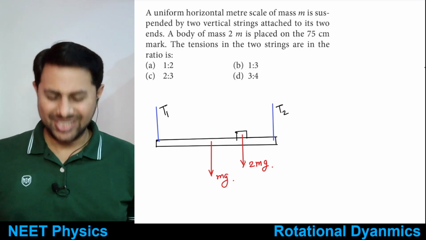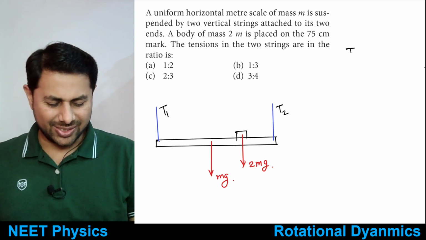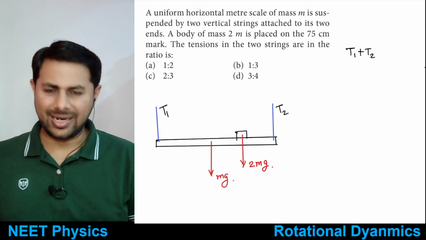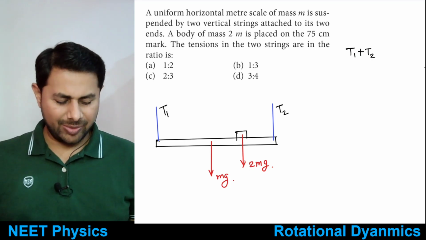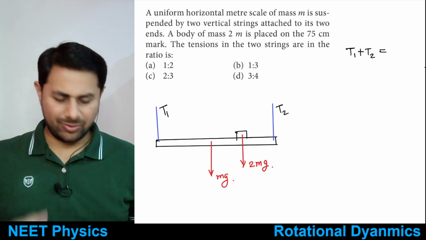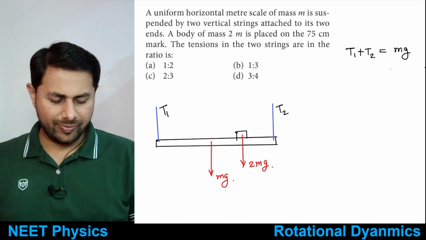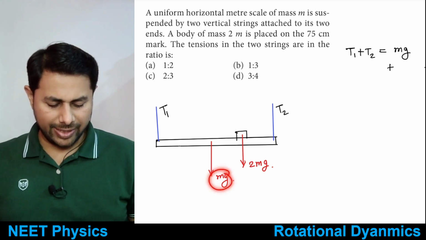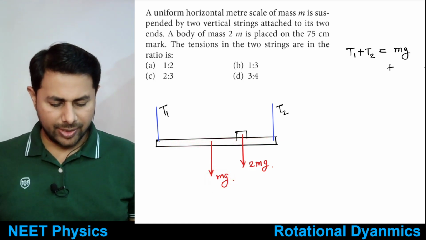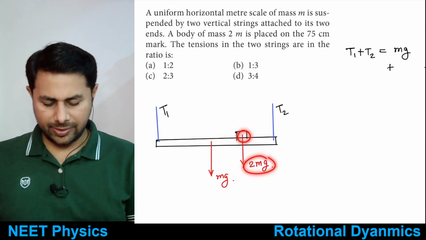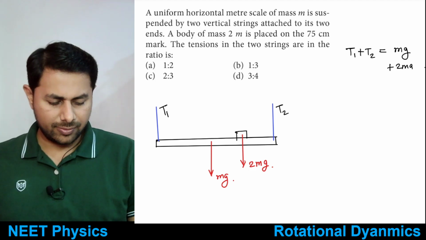So for the translational equilibrium, these two forces T1 plus T2 are acting upwards. They must be equal to the force that is acting downwards. So that is mg, okay, weight of the scale plus weight of this weight, 2 mg, right?